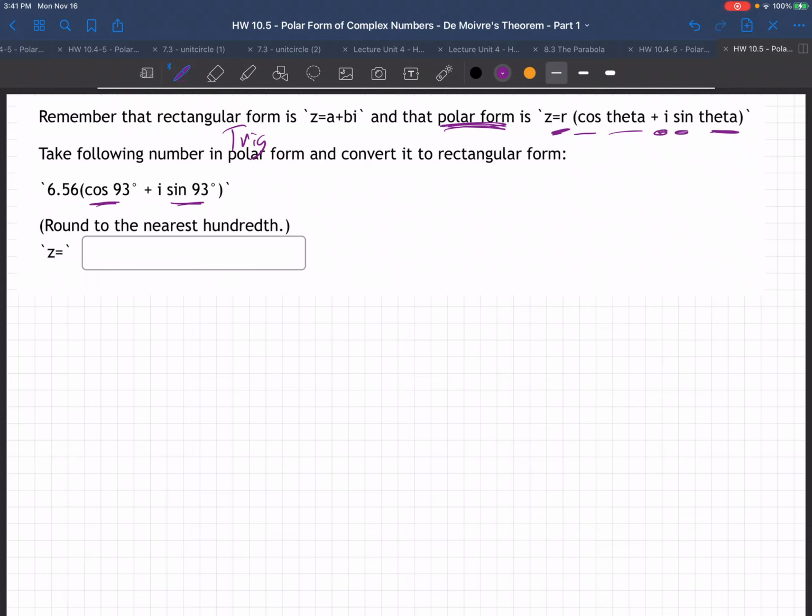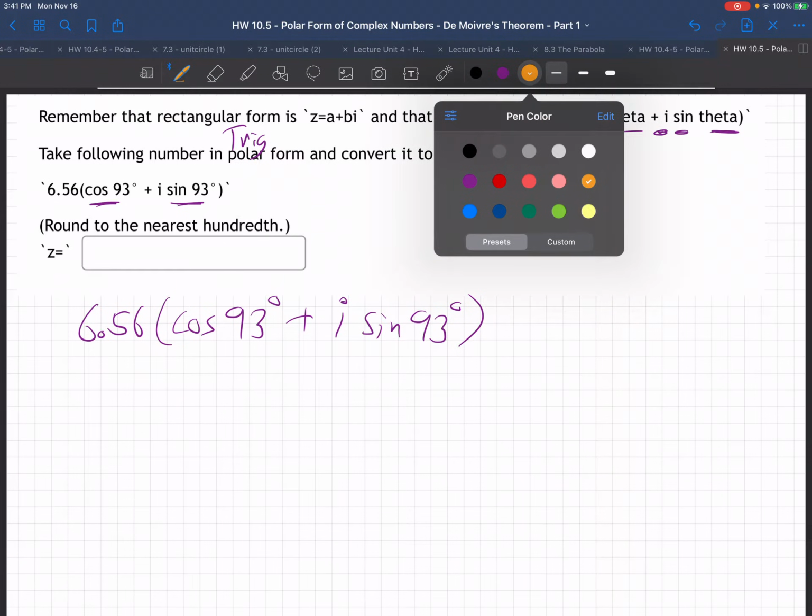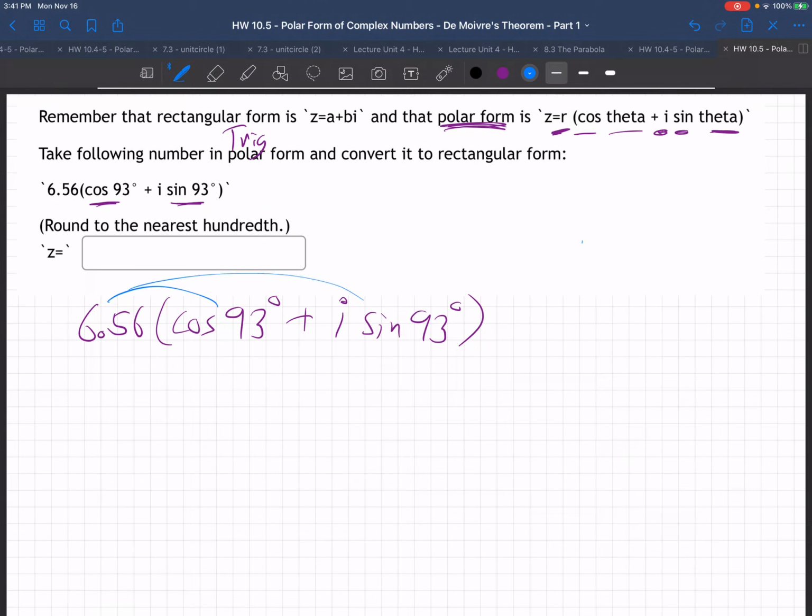We basically take this here, let me rewrite it down here: 6.56 times cosine 93 degrees plus i sine 93 degrees. And we just distribute. It's really pretty simple.